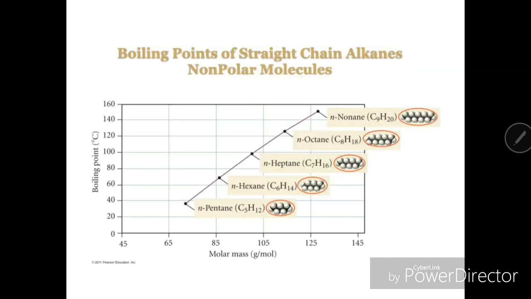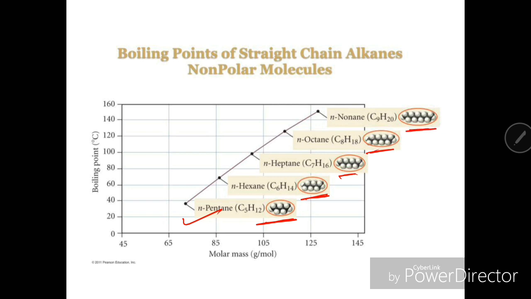See another example. In this example, I have shown straight chain alkanes. The first one is n-pentane, second is n-hexane, then n-heptane, then n-octane, and then n-nonane.